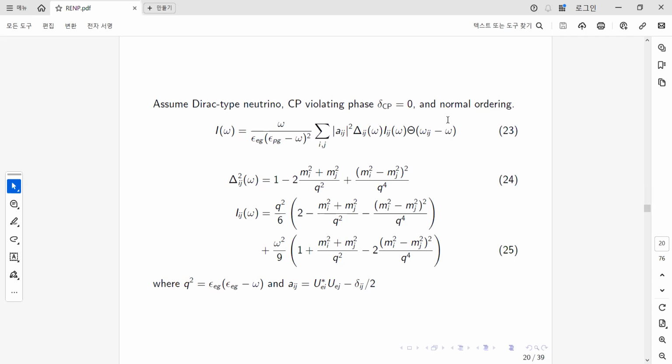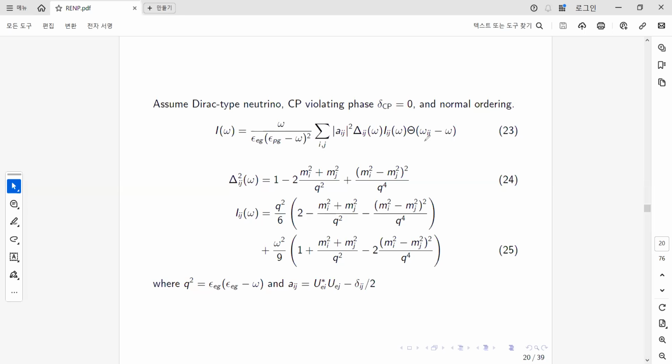There are some assumptions. The neutrinos are Dirac types, the CP violating phase is equal to zero, and the neutrino mass spectrum is assumed to be the normal ordering. So we can observe that there are various quantities.